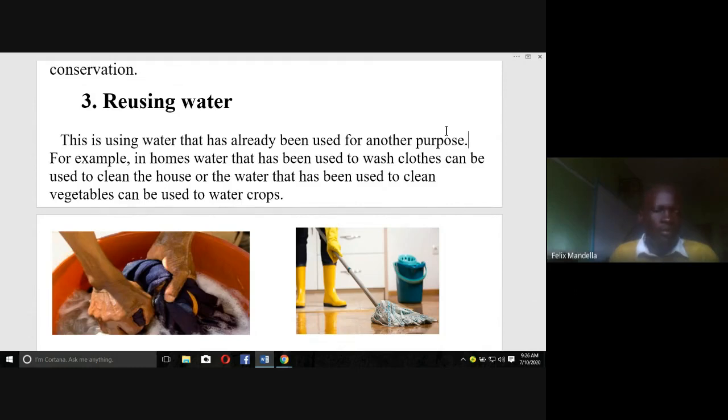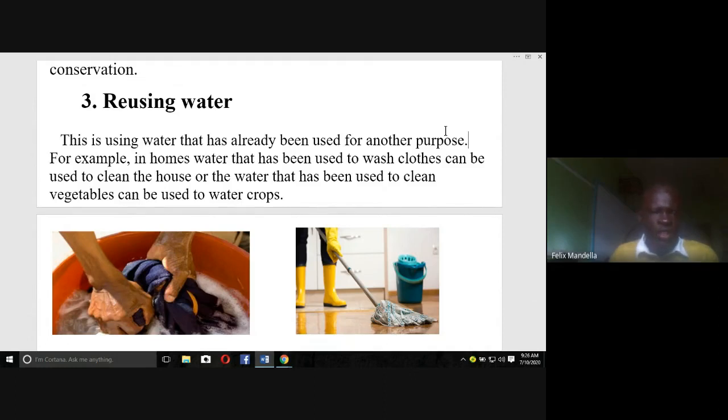For example, in homes, water that has been used to wash clothes can be used to clean the house. After cleaning the clothes, the laundry water, you can use that water to clean the house, or to clean the car, or to clean the pavements. So you have reused without treating that water.